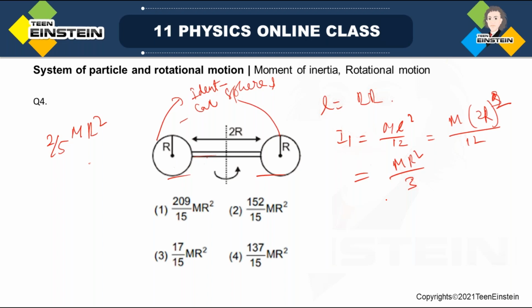So how to combine? Actually, moment of inertia can be combined like this. Total moment of inertia is I1 plus 2 I2.